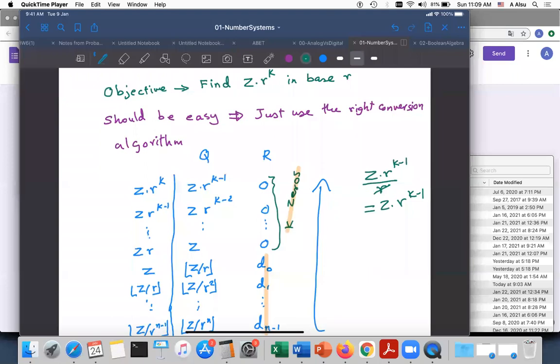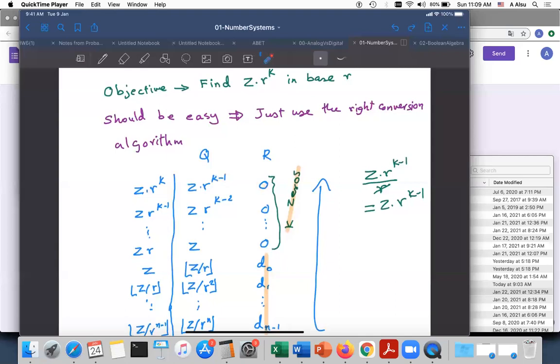Why? Because this number is divisible by r. It's basically multiplied by r to the k. So you have z times r to the k, and if you divide it by r, you get z times r to the k minus 1 with a remainder of 0.